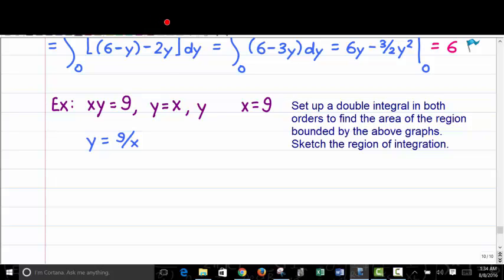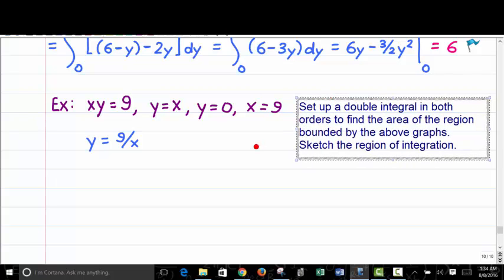So we're going to set up the integral in both orders. So we have the function x times y equals 9, and that's the same thing as y equals 9 over x.